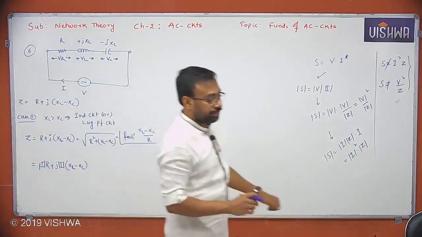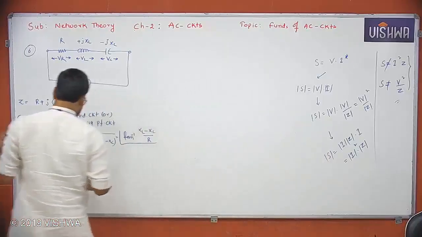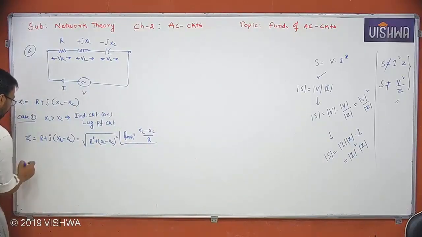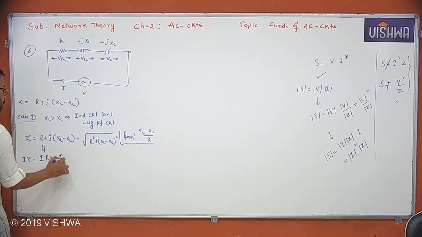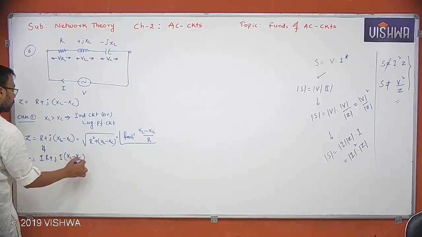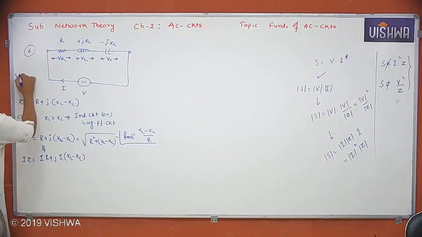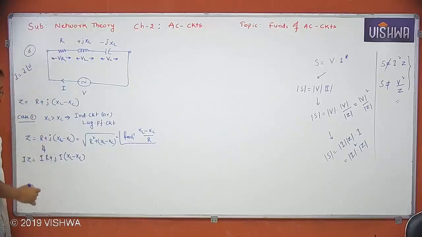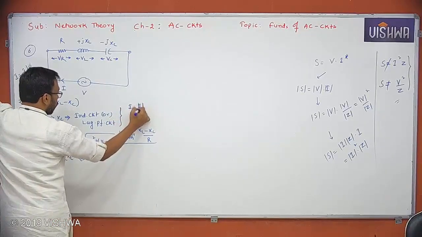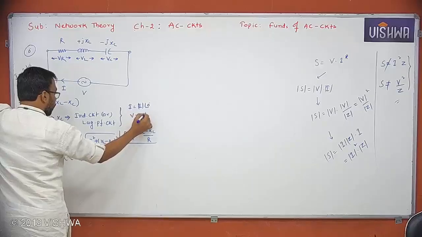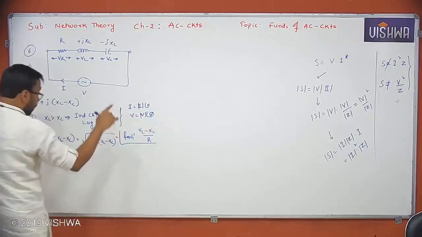Let me write clearly: I into Z, multiplying both sides with capital I. Assuming that I is equal to I at an angle of 0, then obviously here it is an inductive circuit. Since it is inductive, let me assume I is equal to I at an angle of 0. Then V becomes V at an angle of phi. Voltage should lead the current, or current should lag the voltage.